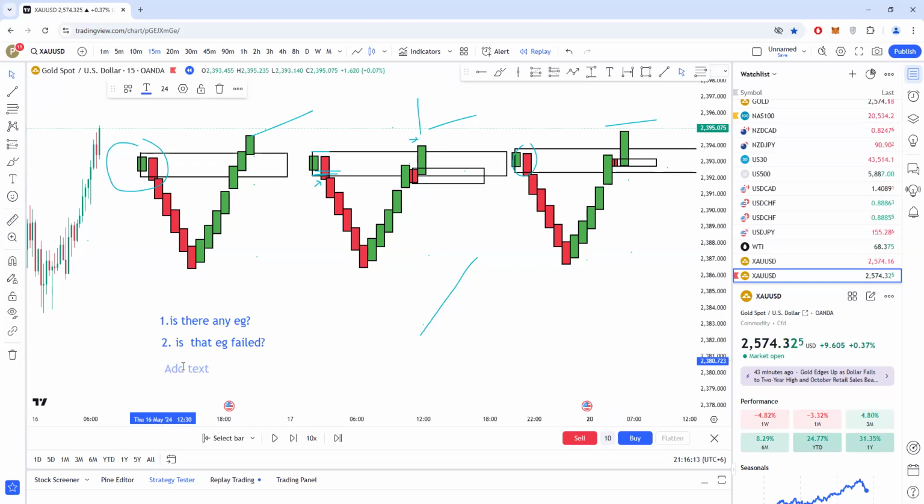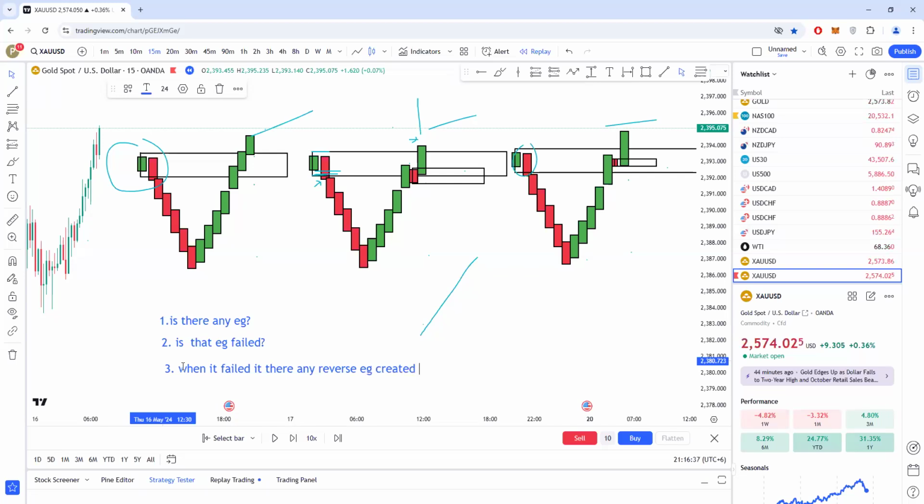And the third one will be, when it failed, is there any reverse? I do a lot of typos, so please forgive me. VE or ES. What is the reverse? Was a reverse EG created or not?